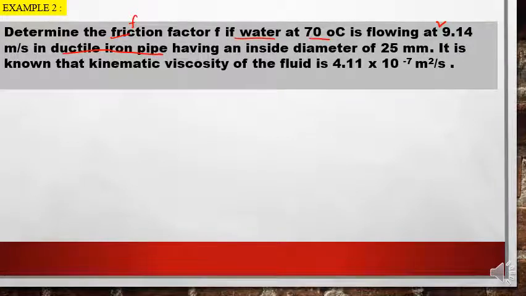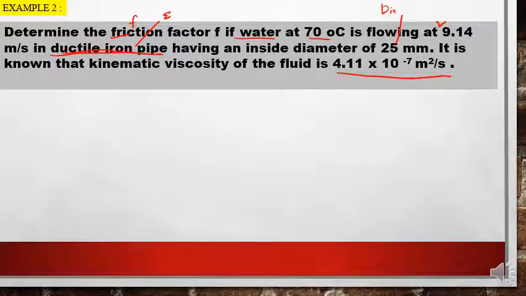Okay, you need this information because you will want to get the roughness for this category of pipe. Okay, and having an inside diameter of 25 millimeter. So this is the D in. Okay, it is known that the kinematic viscosity of the fluid is given here.